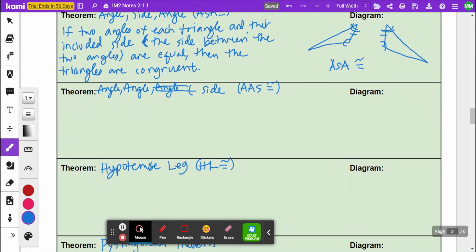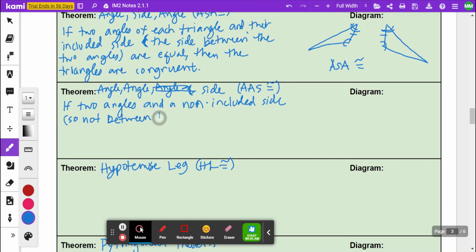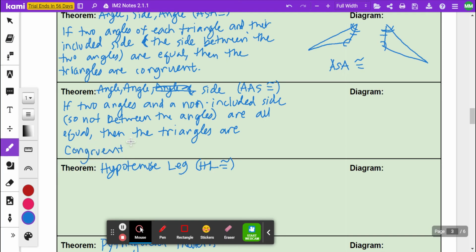Next, we'll have angle, angle, side. If two angles and a non-included side, so not between the angles, are all equal, then the triangles are congruent. I'll start my diagram.